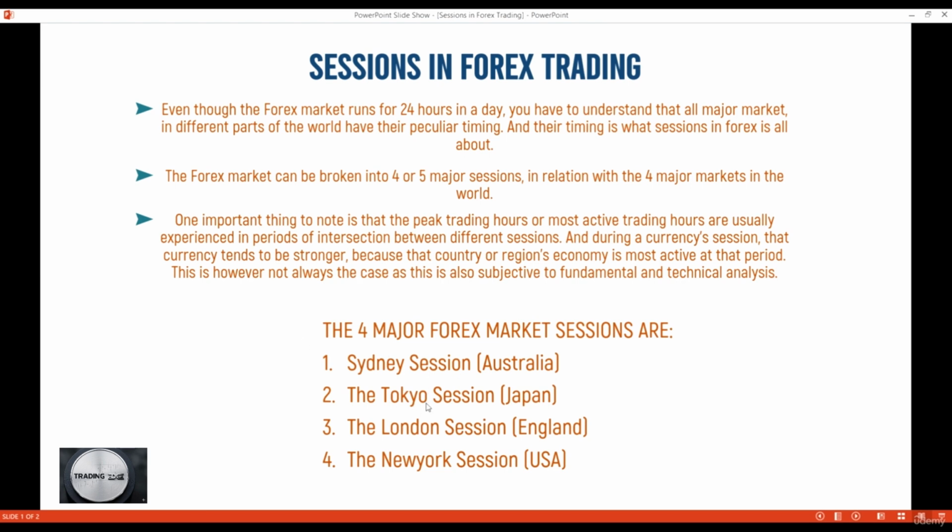The Tokyo session, which is Japan, tends to favor the Japanese yen, and probably some other countries close in proximity to Japan also enjoy the favors that come with the Tokyo session. The Sydney session tends to favor Australia, and currencies like the Australian dollar and the New Zealand dollar tend to behave alike because of the Sydney session.